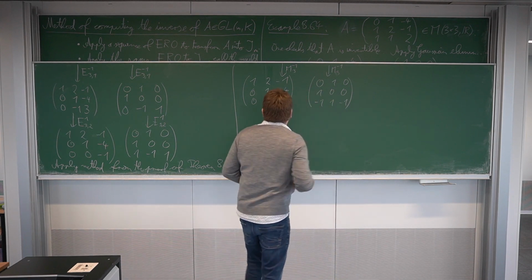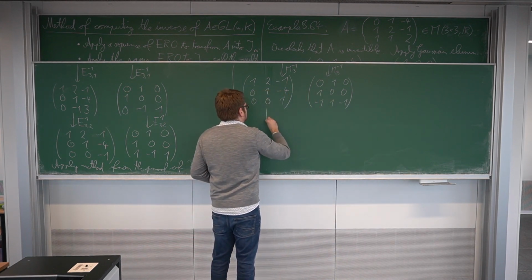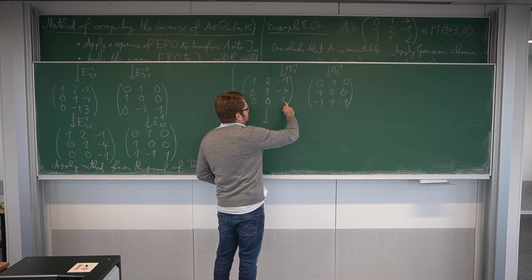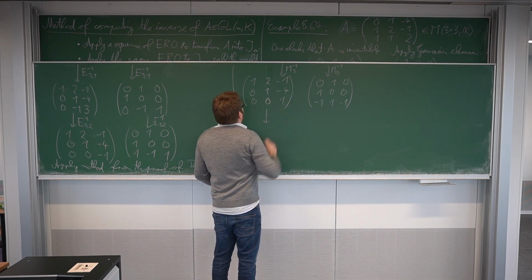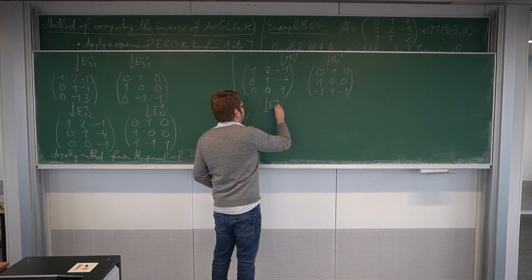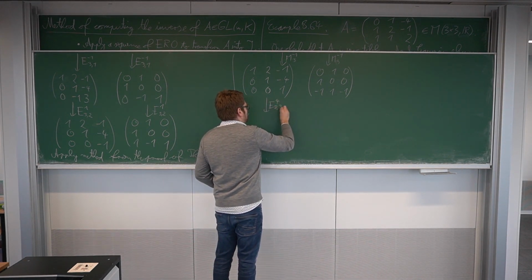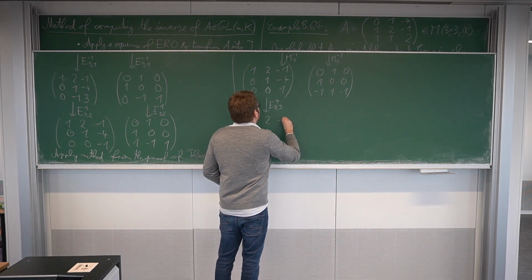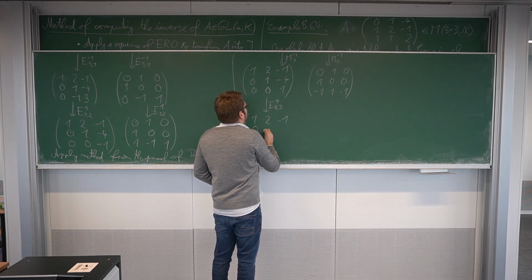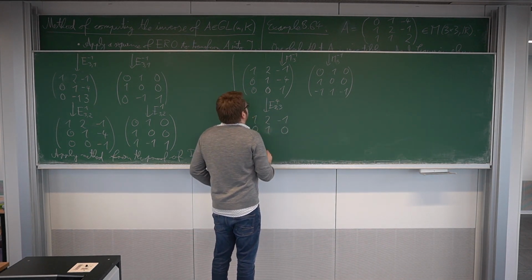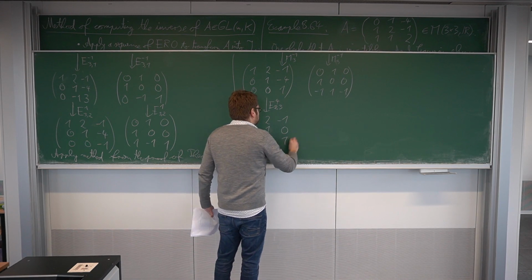Okay, now here we see what we need to do next, how we can kill this column. So we need to do 4 times this row and add it to this row, so this would be E4, 2, 3, 4 times the third row to the second row, which gives 1, 2, -1, 0, 0, 0, 1, 0, and 0, 0, 1.